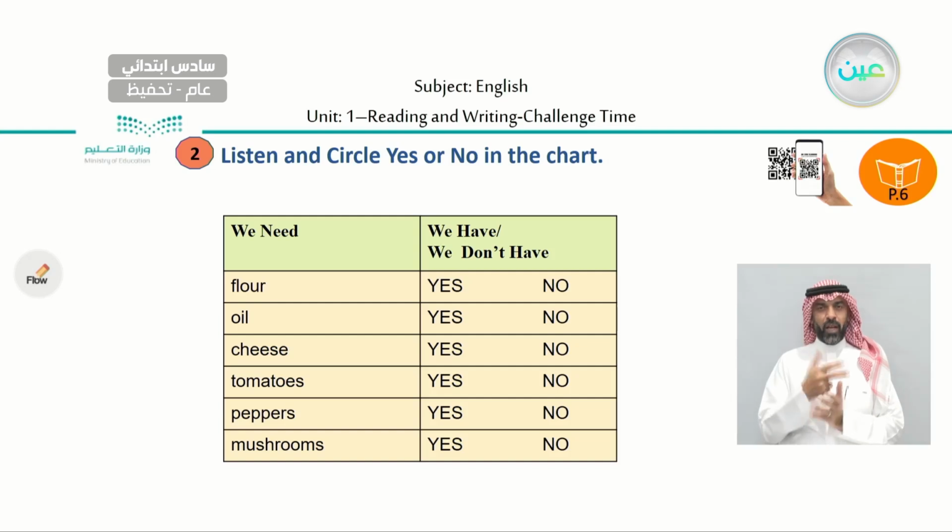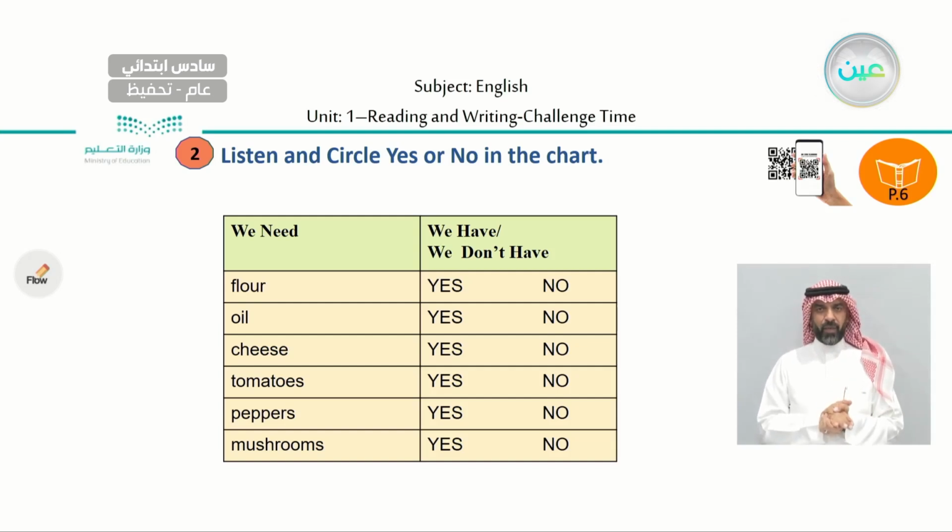Okay, let's check and see what we have. We have some flour, but we don't have any oil. Okay, so we need to buy some oil. We have cheese.